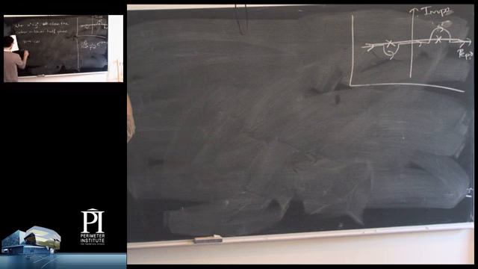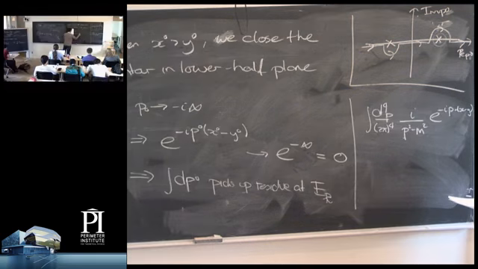But when p0 is minus i infinity, if this is positive, what we get from this bit is e to the minus infinity, which is 0. Okay, so this is the answer to your question, because when this inequality holds, if we close in the lower half plane, this extra piece of the contour gives 0.